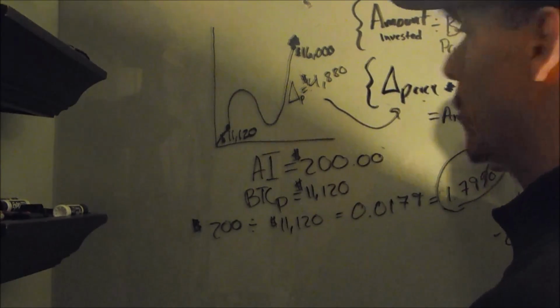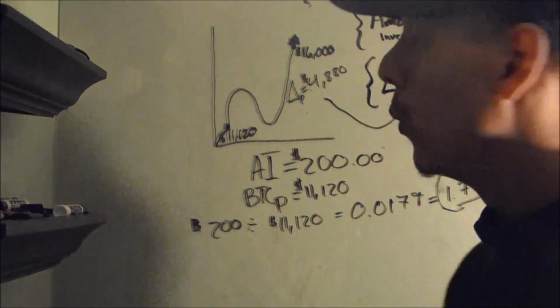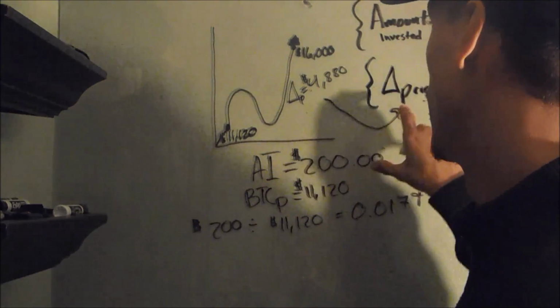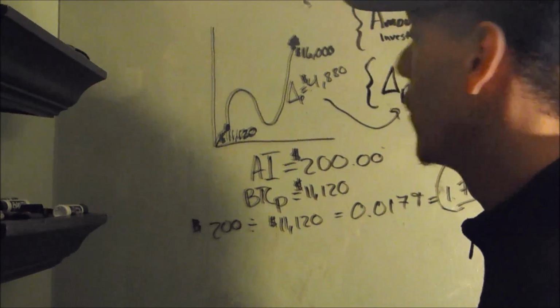Since we now have the change of price, which was $4,880, and we have our percentage owned, we can do the second formula that we have written down here.